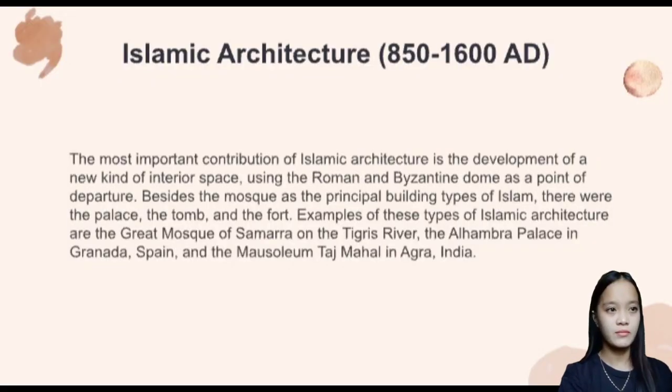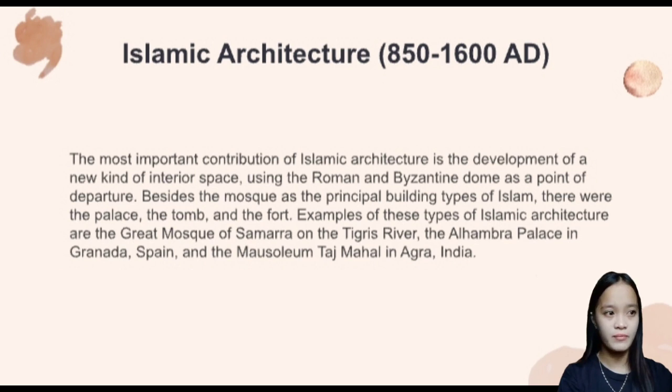So, let us now talk about Islamic architecture. The most important contribution of Islamic architecture is the development of a new kind of interior space using the Roman and Byzantine dome as a point of departure. Besides the mosque as the principal building type of Islam, there were the palace, the tomb, and the fort.